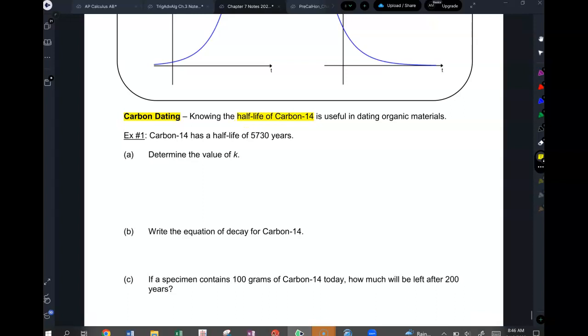So how many of us have heard the word half-life before? Half-life is the following. Suppose you have this much of a substance, and suppose this is a substance that decays on its own. Suppose in 50 years, half of this decays and half of it remains.